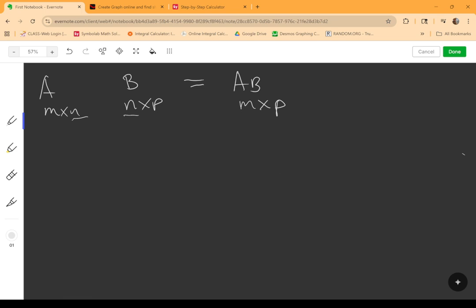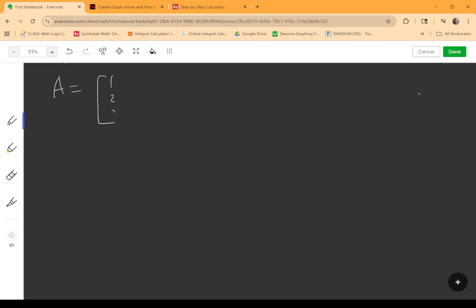Okay, so let's work this out with an example. Let's say we define A to be the matrix with rows 1, 2, 3 and -2, -1, -5, and the matrix B to be the matrix with rows 1, 1, -1, -1 and 2, -3, 4, -5.